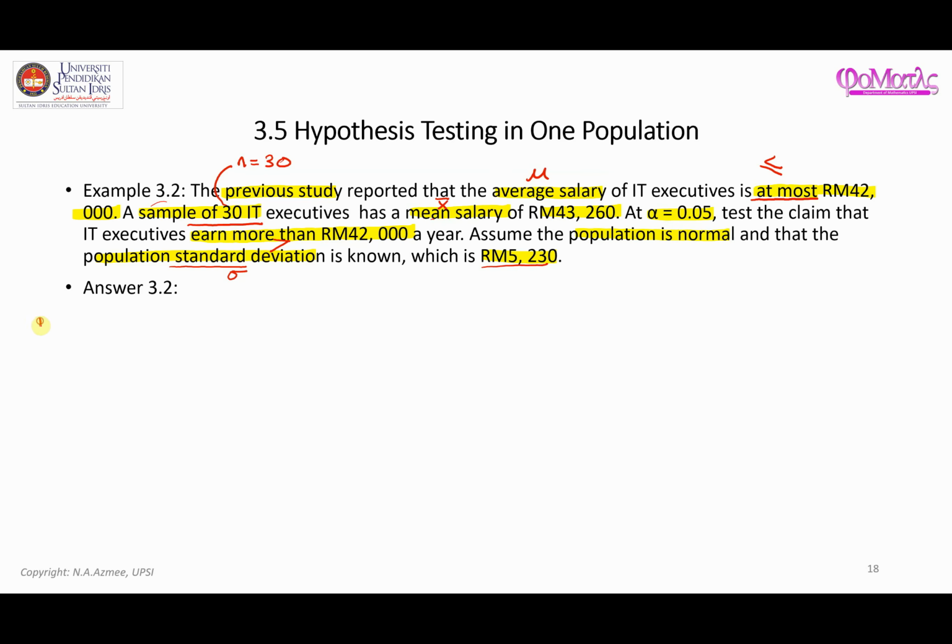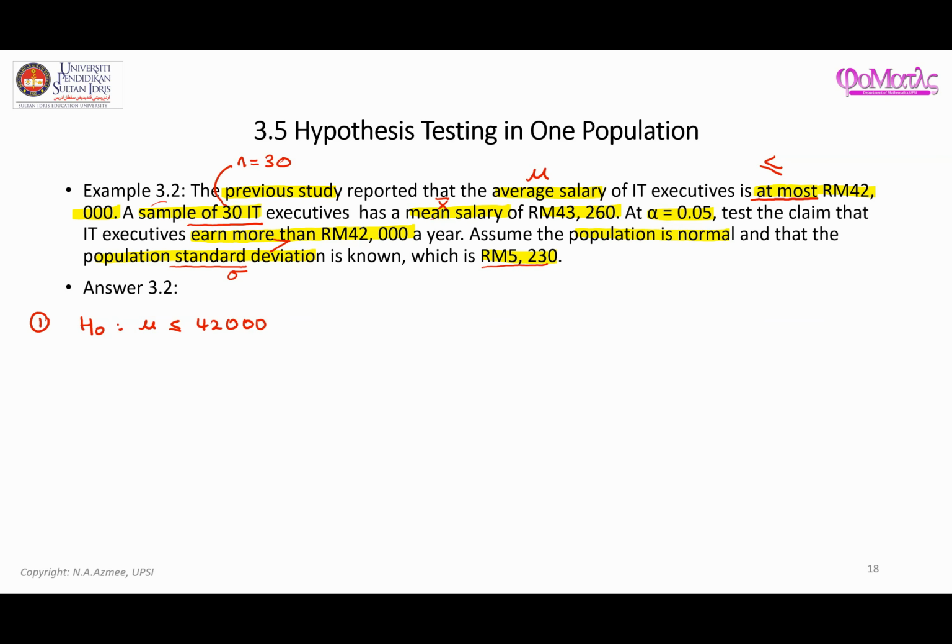So the first step is going to be stating the null hypothesis and alternative hypothesis. Okay, so first one is H null, mu less than or equal to 42,000 ringgit.